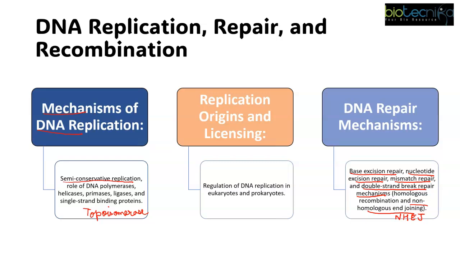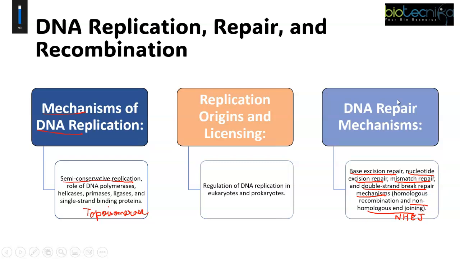So the cell will try to keep the DNA as it is, because it is so important. It is the blueprint of life for the cell, so it doesn't want any change in it. That is why all these DNA repair mechanisms are there to correct any mutations.